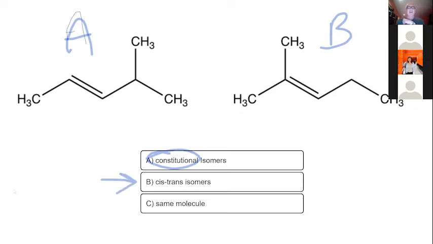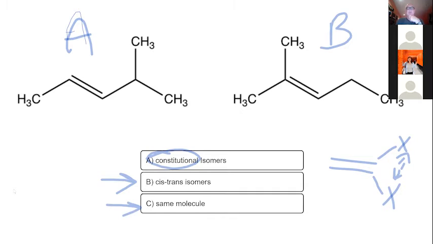Are they cis-trans isomers, where around the double bond we just have the constituents in the opposite place, or is it in fact just the same thing?